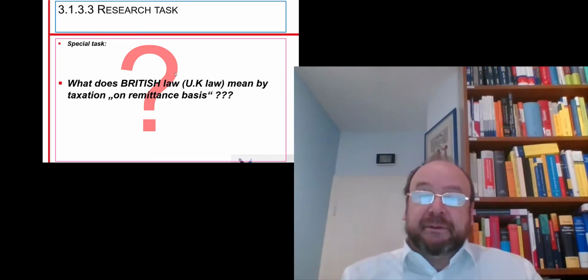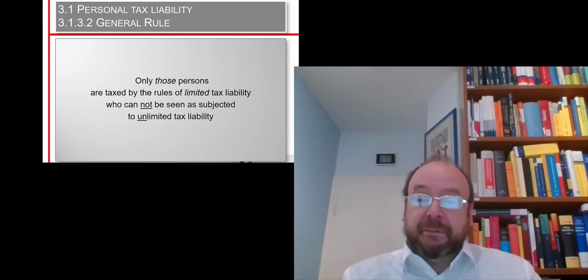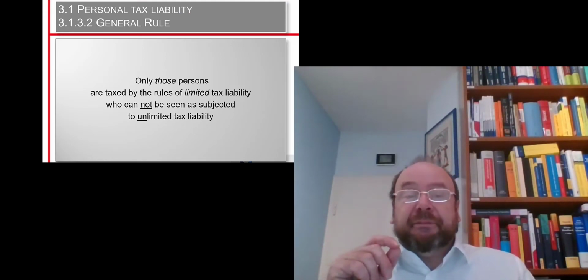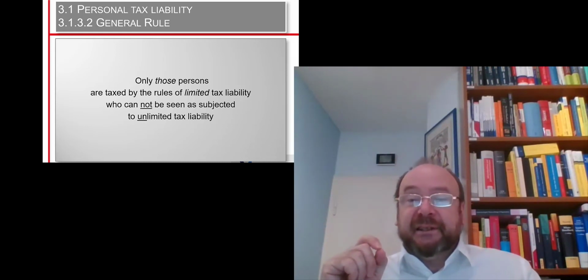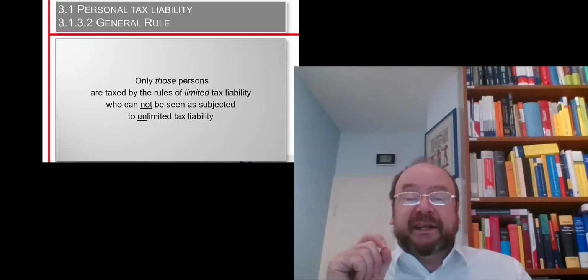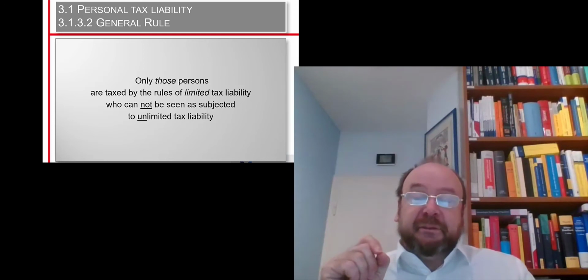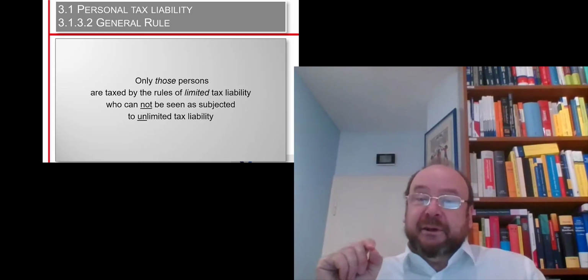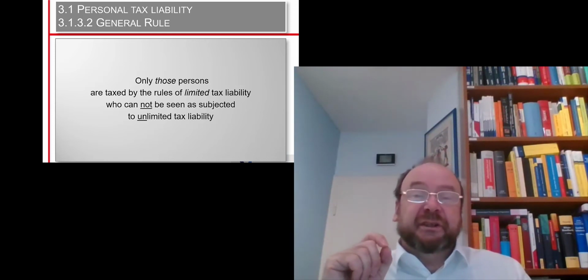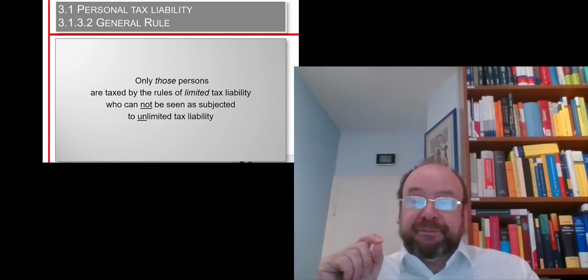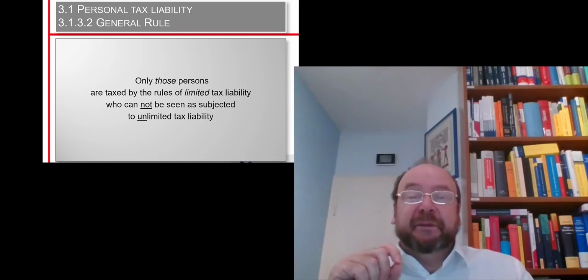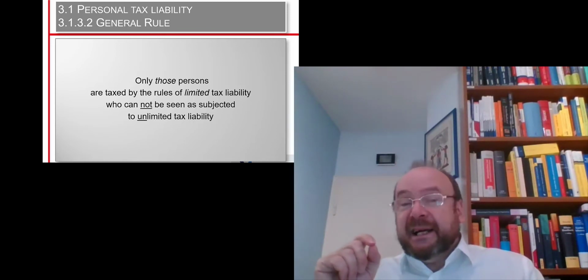In principle, you will have strong tendencies to worldwide income taxation. The general rule when you test the nature of tax liability is that limited tax liability only comes into question when every possibility to apply unlimited tax liability has failed.